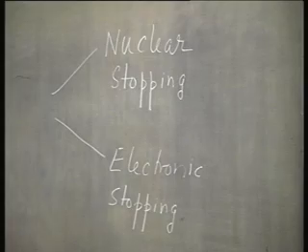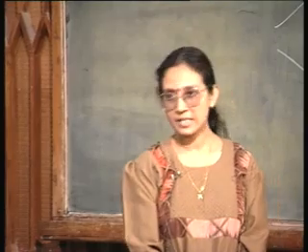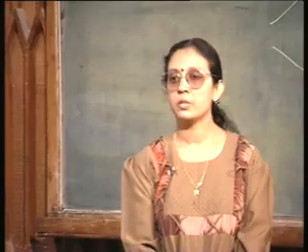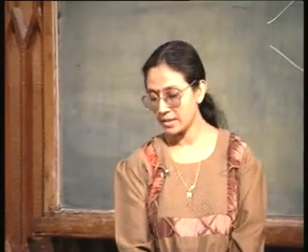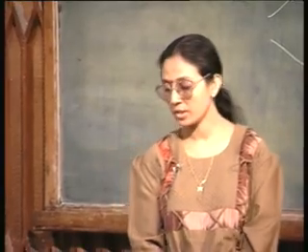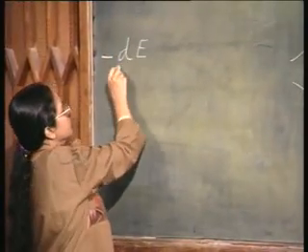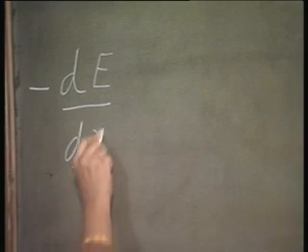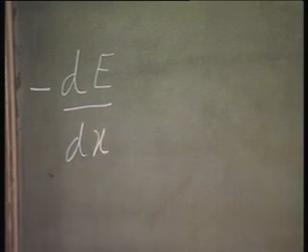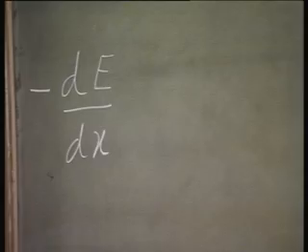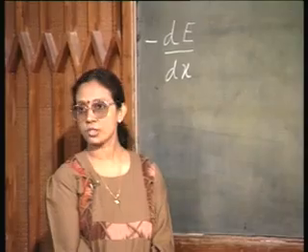I can write an equation for the rate of energy loss as dE/dx, where E is the energy and x is the distance, and the negative sign is because it is an energy loss.